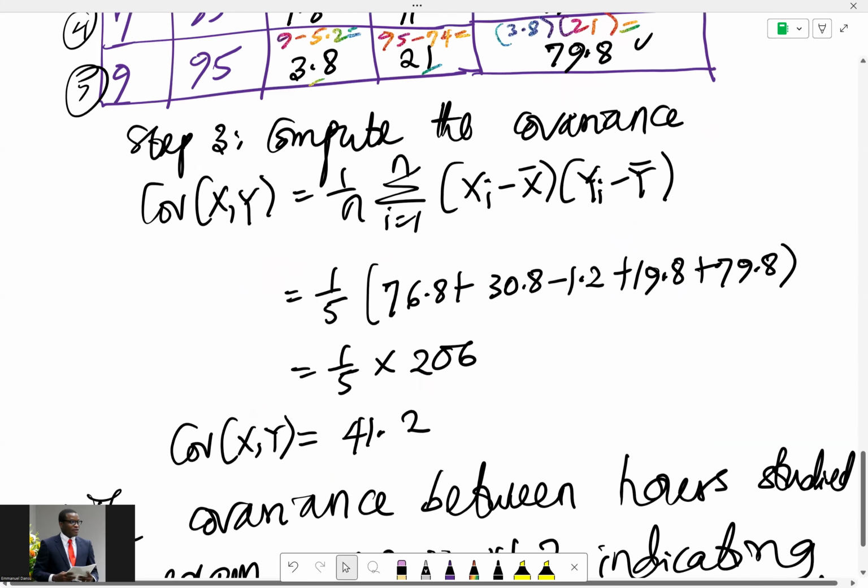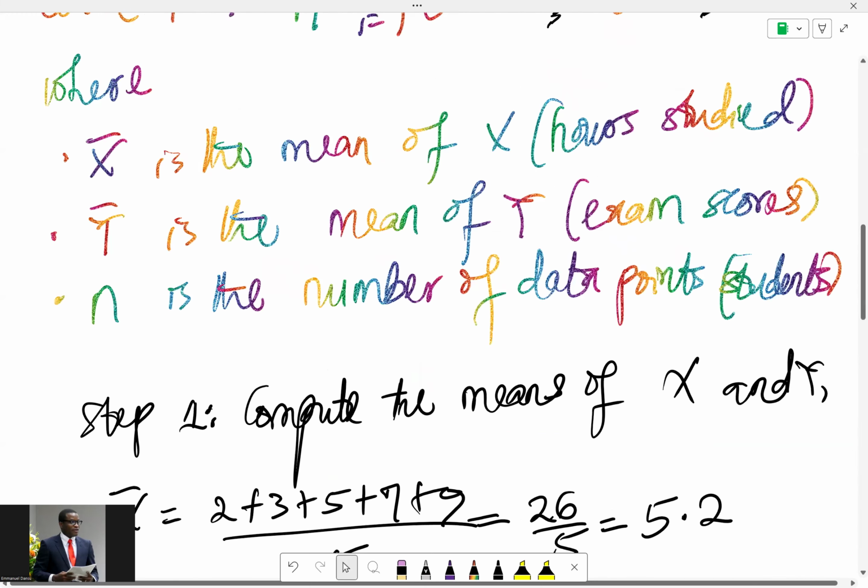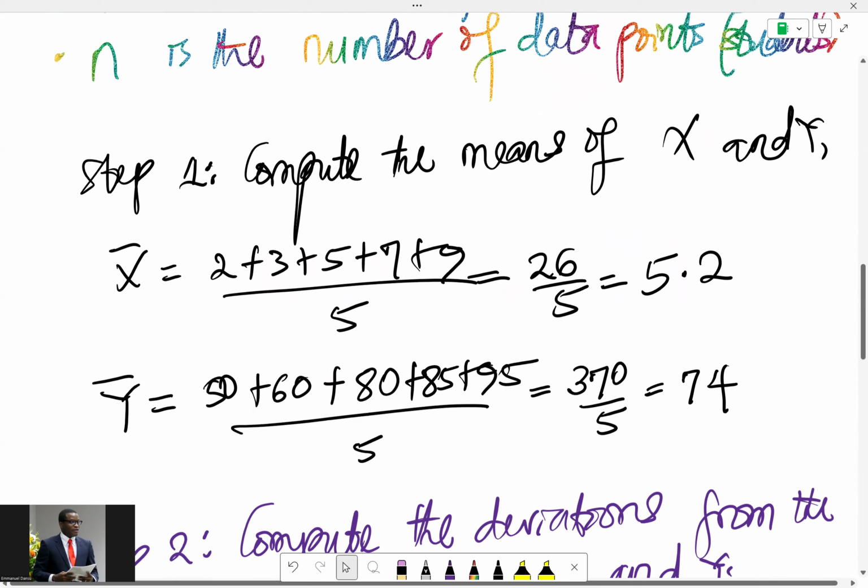Let's go ahead and talk about calculating correlation, which gives even way more information.